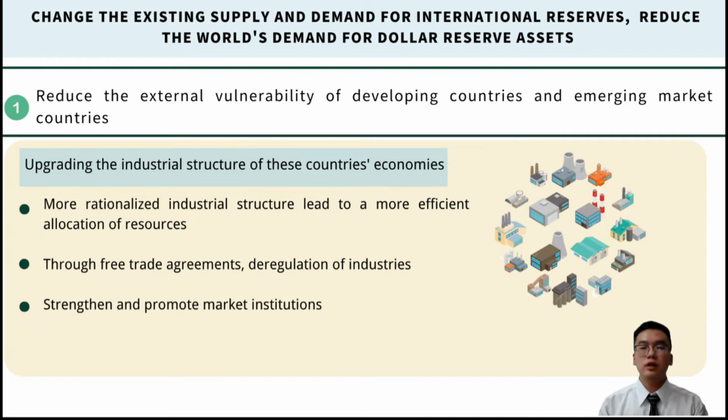Efficient allocation of resources contributes to economic goals. Government can promote efficient allocation of resources through free trade agreements, deregulation of industry, and so on. In addition, these countries can strengthen and promote market institutions. It will enhance the ability to adapt to various external shocks.